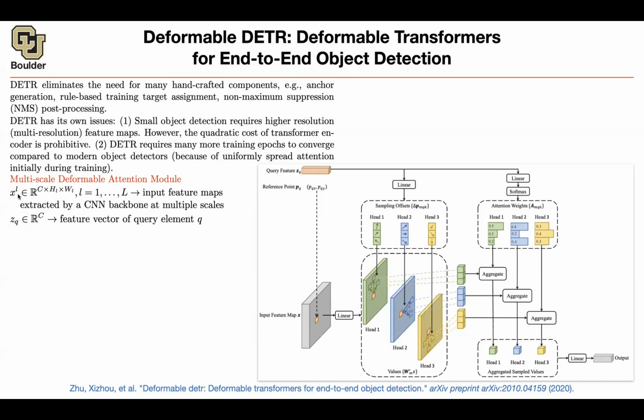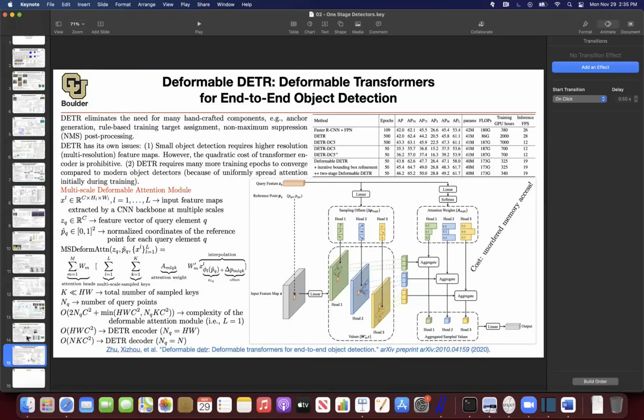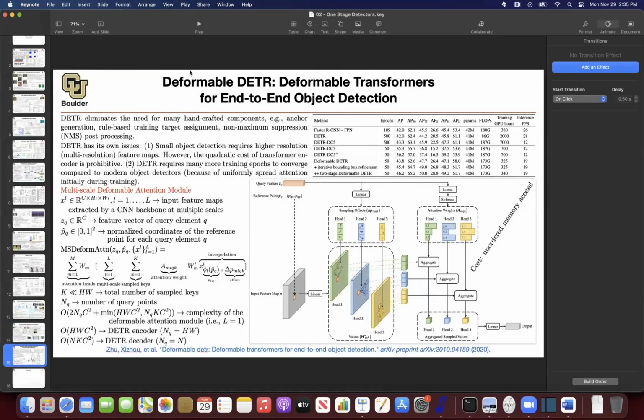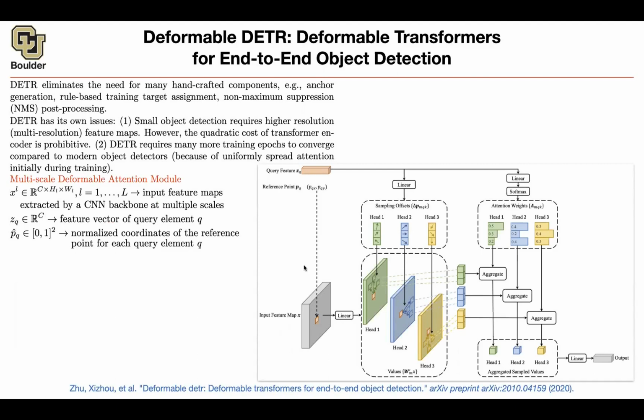So Z_q is exactly one pixel there. Or when it comes to the decoder, if I go back here, it could be these object queries, which are just positional encoding vectors. So that's your Z. And this is this part of the figure. And X is here, which is your input feature map. There is one other thing, which is the location of this pixel.